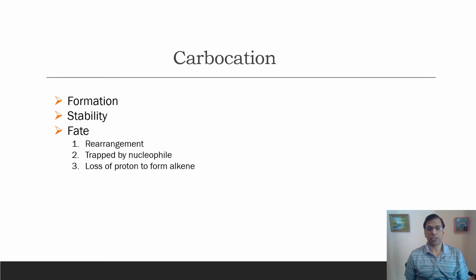They require less energy, and once the carbocation is rearranged to the most stable form, it can be trapped by a nucleophile, or it can lose a proton to form an alkene. That's a double bond.